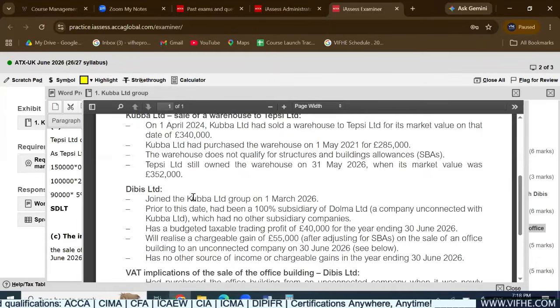But for determining the companies to be in the associated group, we need to consider those companies who are part of our associated group till the end of the current accounting period, no matter they had been connected for a certain part of the period. If they had been connected to the group in the current accounting period, even for a few months, they will be treated as part of our associated group for profit threshold apportionment purposes, and hence they will impact our corporation tax slab.